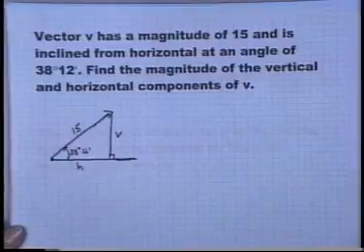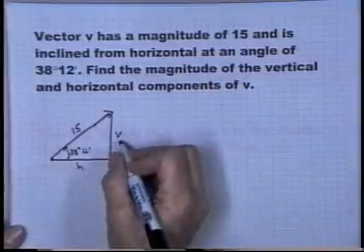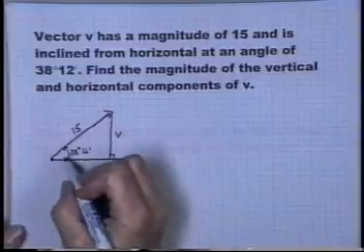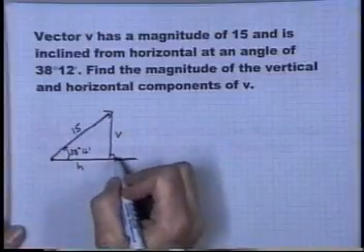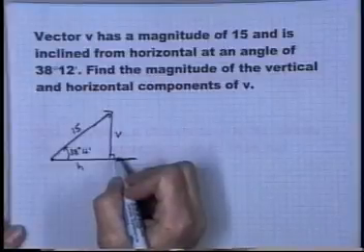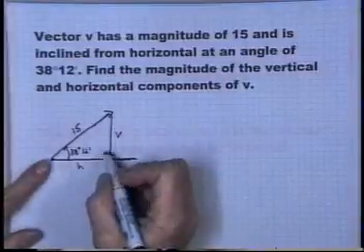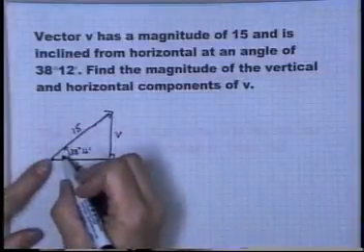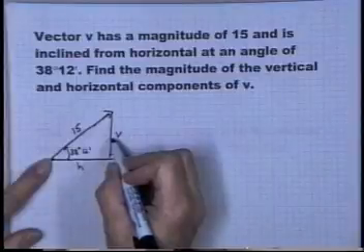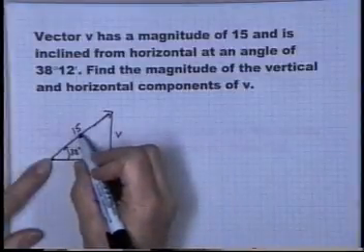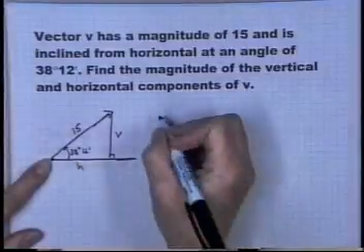Okay, so to find this vertical component, we're going to look at this triangle and notice that it's a right triangle. If you have a right triangle, then your simple trig functions using a right triangle can be used. Recall that the sine of an angle in a right triangle is the opposite divided by the hypotenuse. So let's write that down.